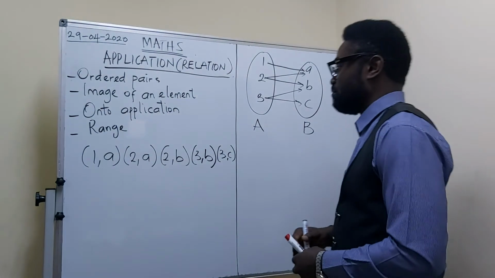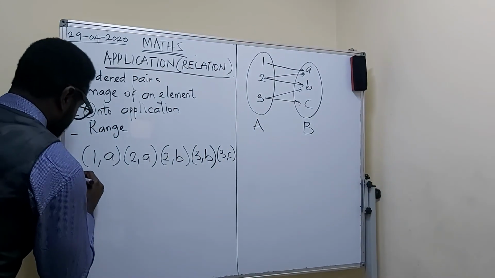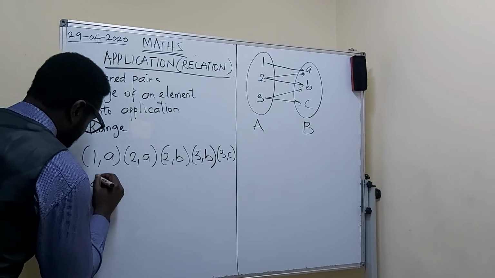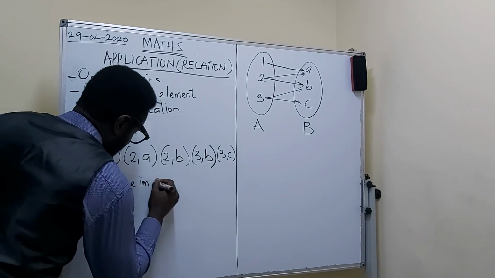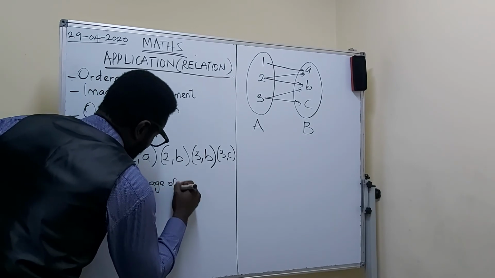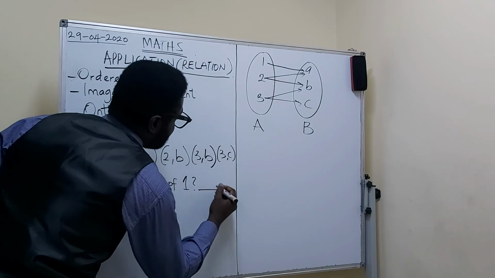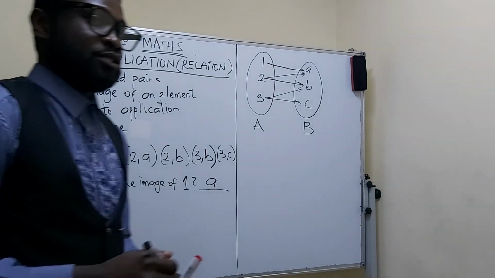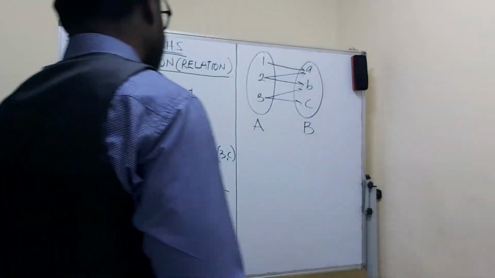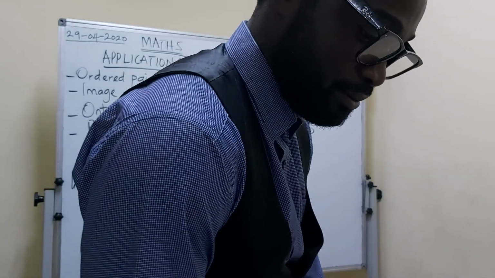If I ask you right now, what is the image of 1? The answer is simply A. Do you all understand that?